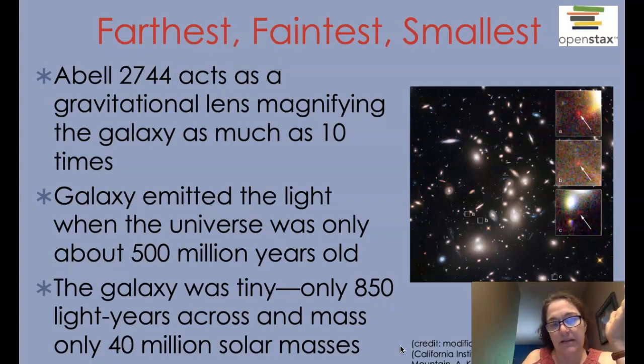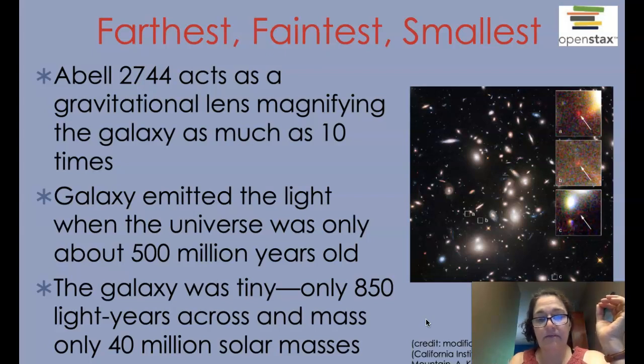So once again, Abell 2744, we're going to continue looking at this image because there is so much information in this image, so many different things that it demonstrates. As I said, it gravitationally lenses the light of objects farther away, and so we see 3 little squares in this image. In the center of each of those squares is a galaxy that emitted its light when the universe was only about 500 million years old.